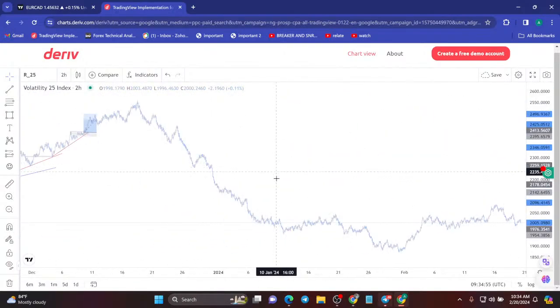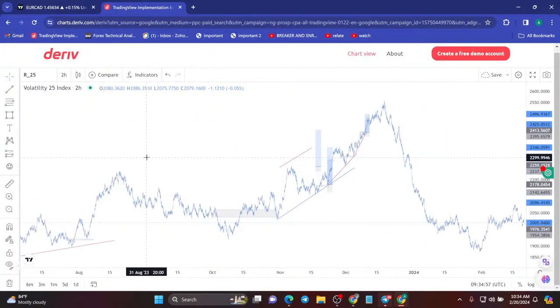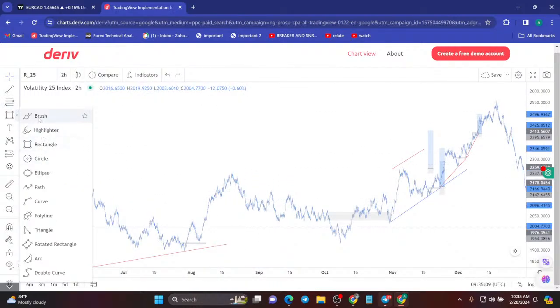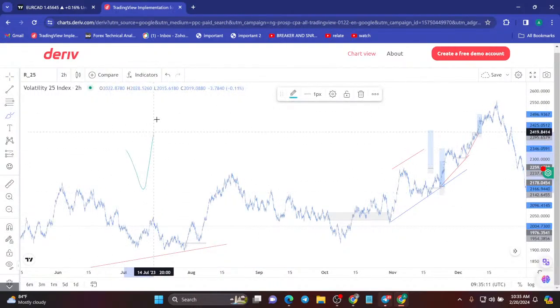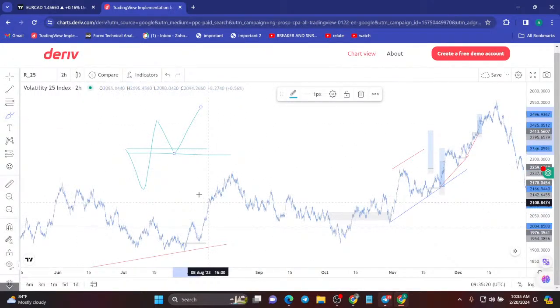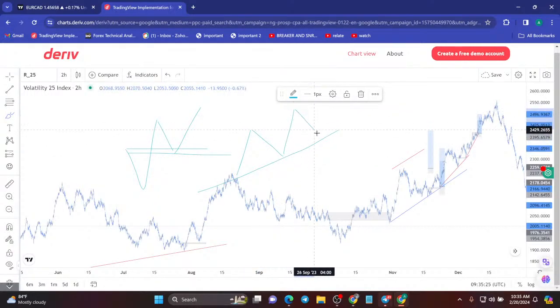Ladies and gentlemen, I think I'll stop here for today. Now your takeaway point is this. Whether you see a breaker block here to buy from, or you see your trend line, touch 1, 2 and touch 3, you buy.